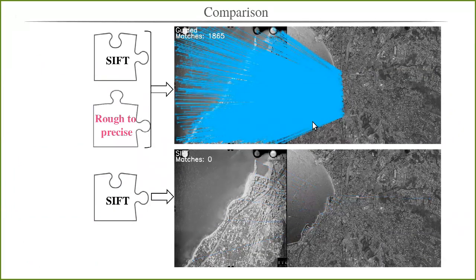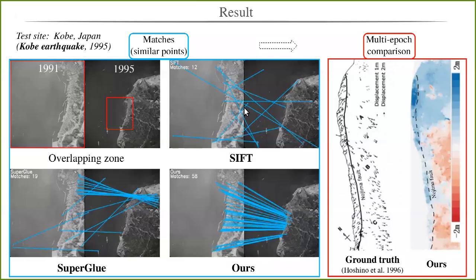Here is the comparison of SIFT with and without our rough to precise. As can be seen, SIFT found 0 matches, but after combined with the rough to precise, we found a lot of matches.